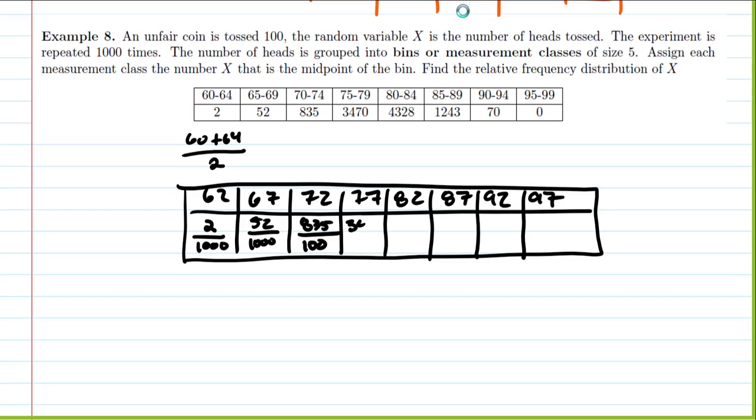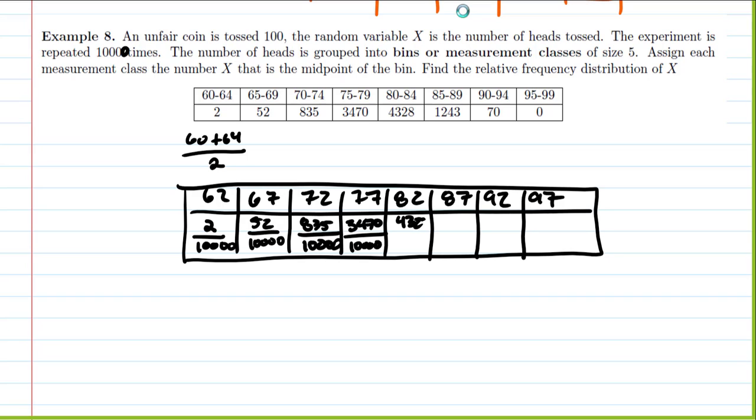Excuse me, isn't it supposed to be repeated 10,000 times? Oh, I think it is. I am missing a 0. 10,000. Thank you. Yeah, because in the experiment it says that it's repeated just 1,000. Yeah, I'm missing a 0.